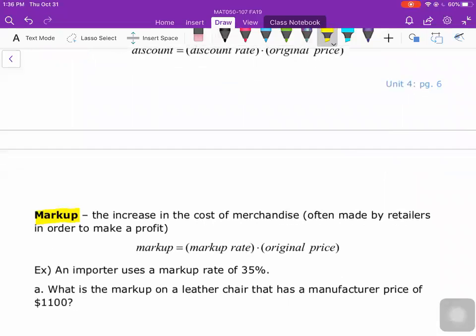Your markup is equal to your markup rate times the original price. Do we recognize that every single one of these formulas is exactly the same? It's literally just different names for the 3 items. There are 3 terms in the formulas and we're just giving them different names, but it's exactly the same every single time. The more you recognize this, the less it's going to feel like you have to memorize.